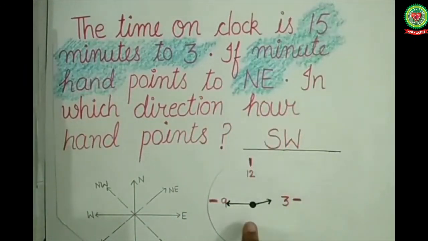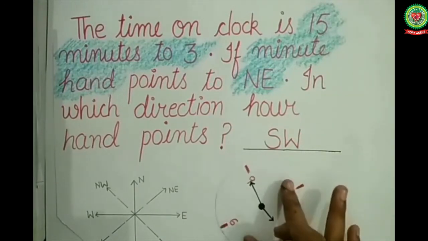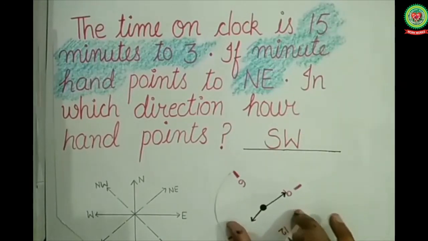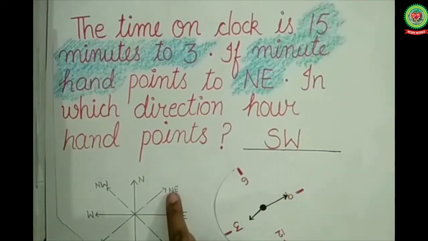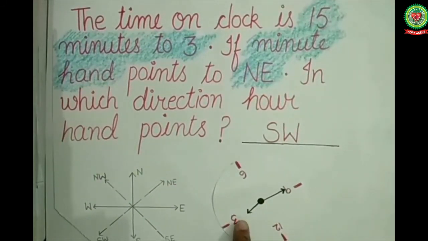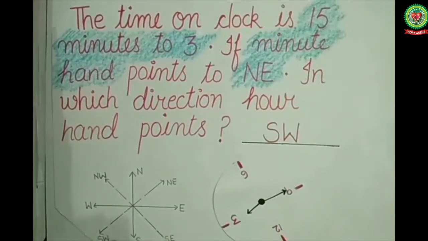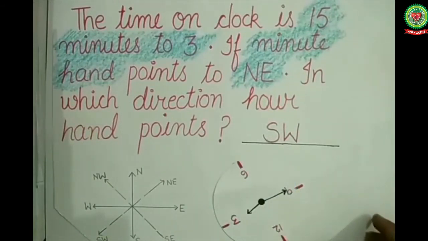That is, we have to take this minute hand to the northeast direction. Now you can see the minute hand is in the northeast direction. So in which direction is the hour hand pointing? So the hour hand is pointing towards the southwest direction. So answer is southwest.